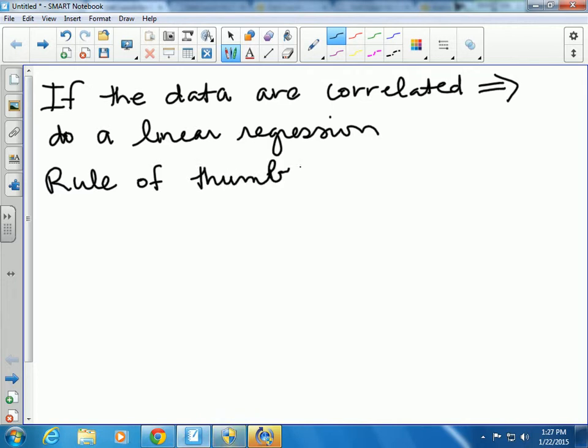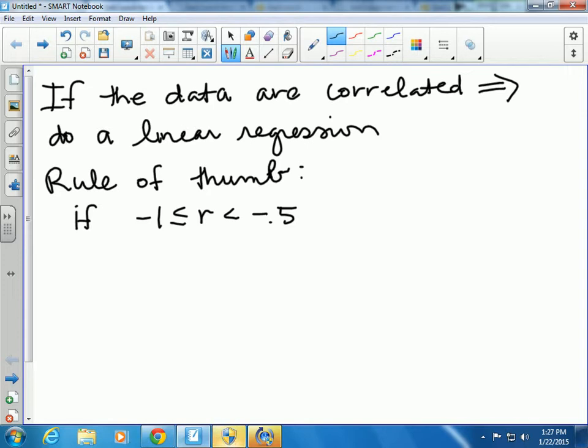at this level is if R is between -1 and -0.5.